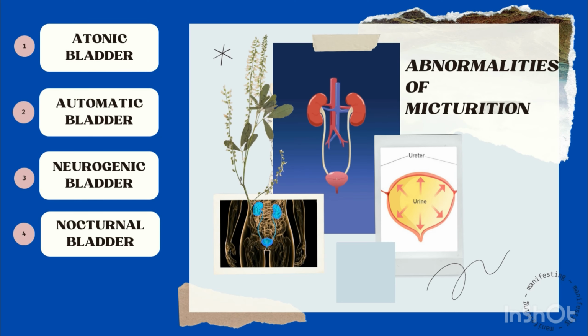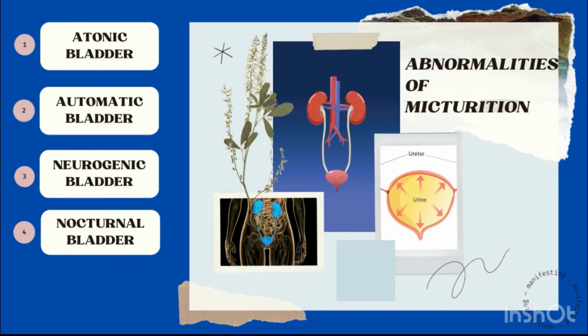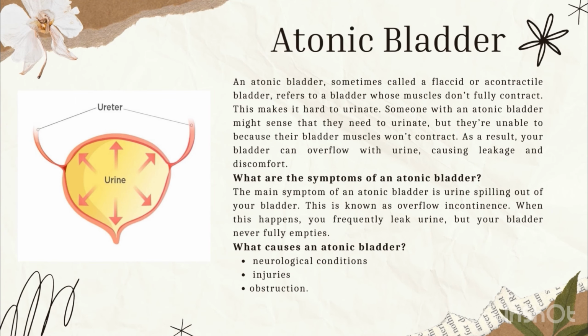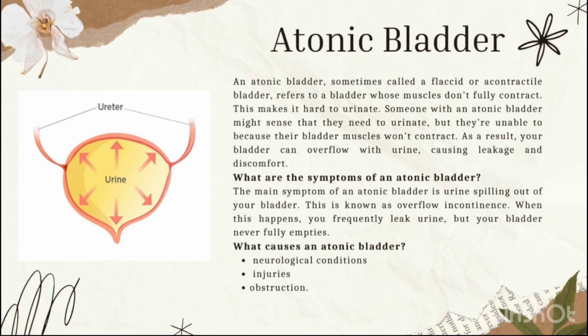Coming to the types of abnormalities of micturition, there are 4 types of abnormalities. The first one is atonic bladder, the second one automatic bladder, the third one is neurogenic bladder, and the last one is nocturnal bladder. So what is an atonic bladder? An atonic bladder, sometimes called a flaccid or acontractile bladder, refers to a bladder whose muscles don't fully contract.